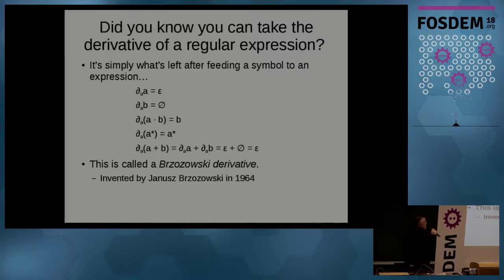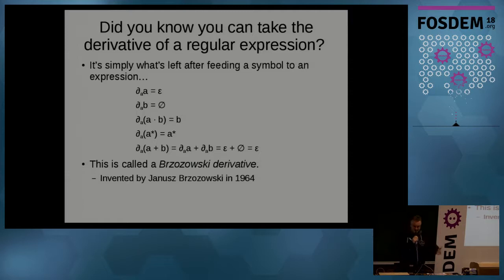Now, did you know you can take the derivative of a regular expression? And what does this mean? This sounds very complicated, but it's really a simple idea. The idea is you take a regular expression and you feed a letter into it, and what you have left is the derivative. So if I have a regular expression A and I feed the letter A into it, what I'm left with is the null string. Nothing's left.